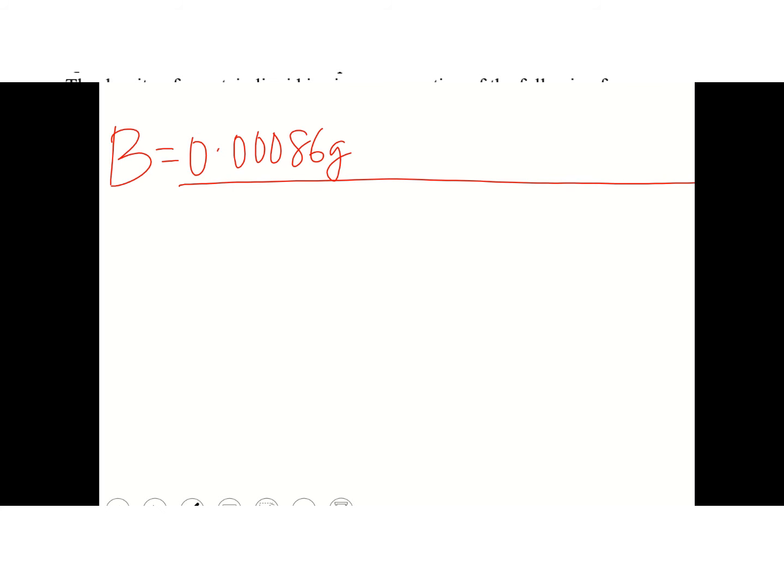What about B? The value of B is given as 0.00086 gram per cm cube per degree C. So this is what we're going to have.